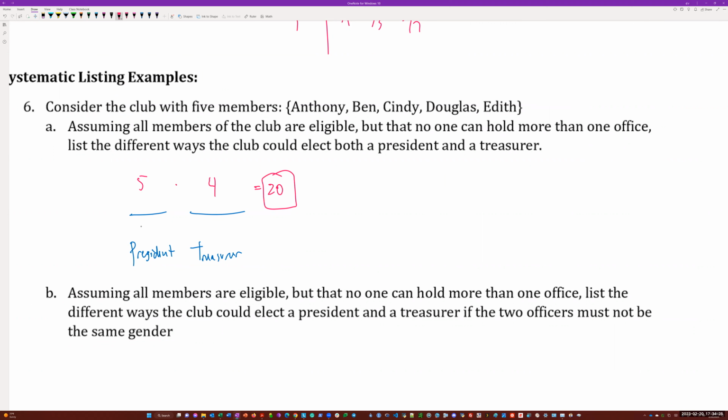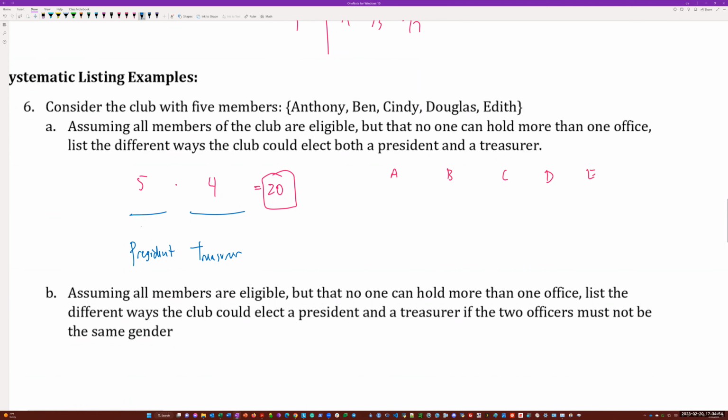Now, why is this something that you should be able to do? Because we talked about writing out these tree diagrams before also. Is that right? And if I say, who can you pick first? Well, I could pick A, B, C, D, or E. Is that right?